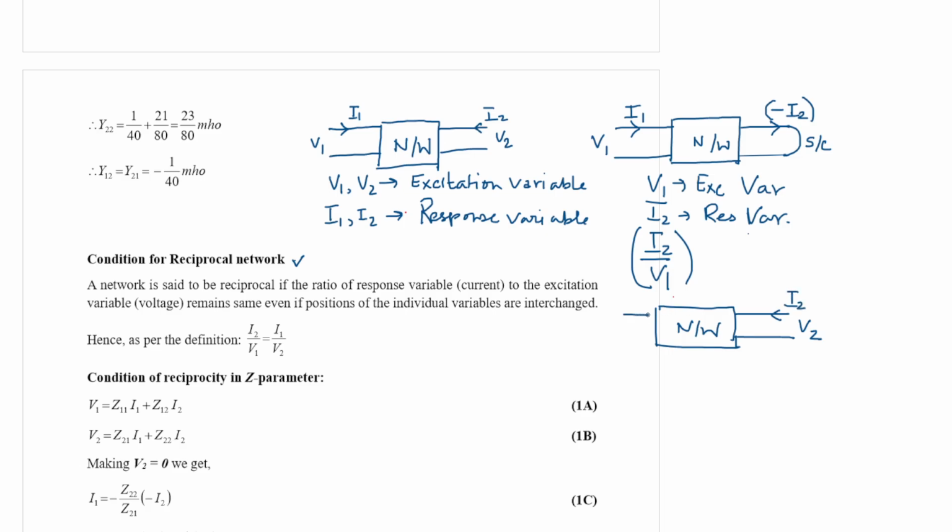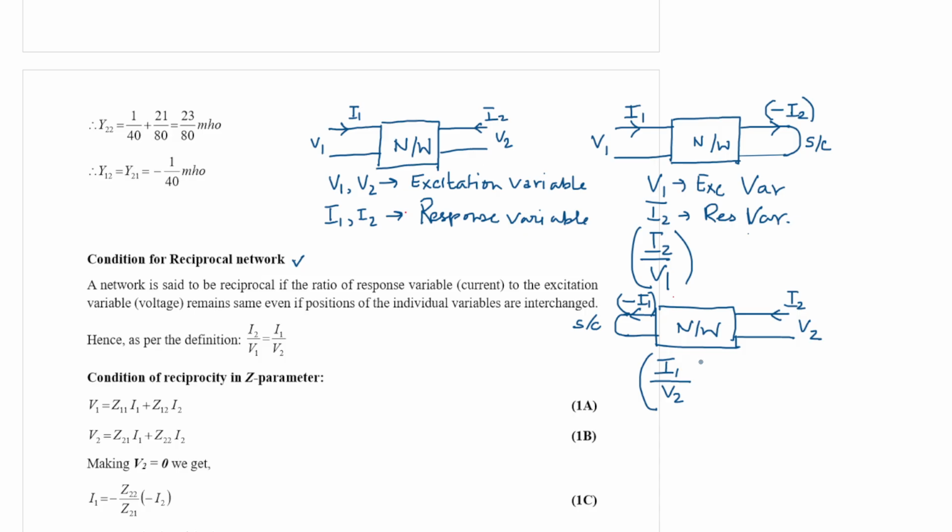Now if we make the input side short circuited, we should get a current of minus I1 at the input side. So let us take the ratio of response variable, which is I1, to the excitation variable, which is V2.